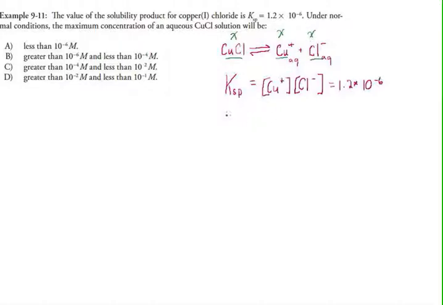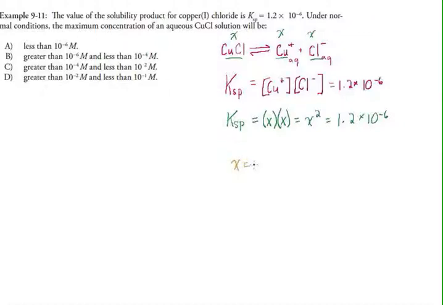So then you would just plug that right back in over here. X times x, right? Which we know is the same as saying x squared. And we know that's all equal to 1.2 times 10 to the negative 6. So at this point, all we got to do is solve for x, right?